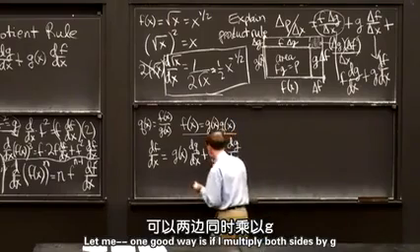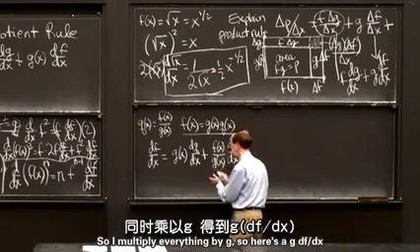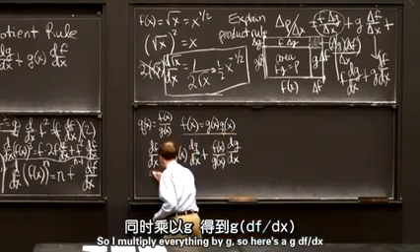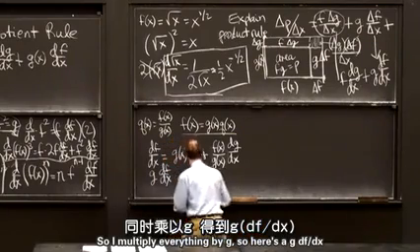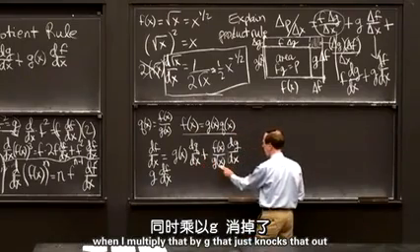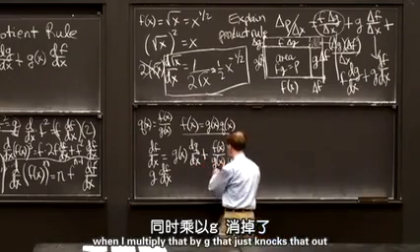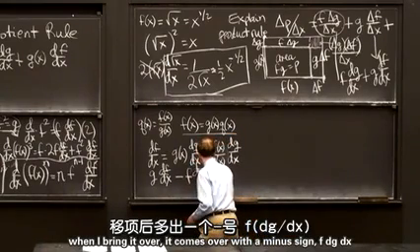Okay. One good way is if I multiply both sides by g. So I multiply everything by g. So here's a g df dx. And now this guy I'm going to bring over to the other side. When I multiply that by g, that just knocks that out. When I bring it over, it comes over with a minus sign, f dg dx.